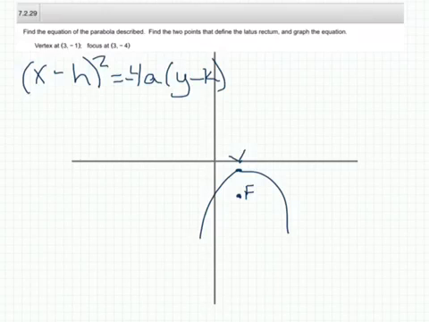All right, now let me erase my sample parabola. We'll come back to that and get a better, more accurate picture of what that parabola really looks like.